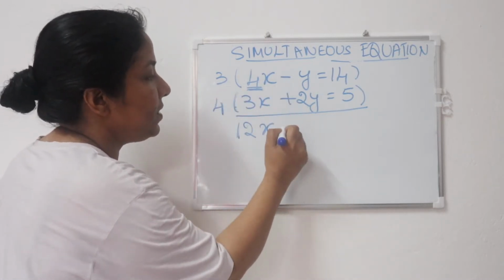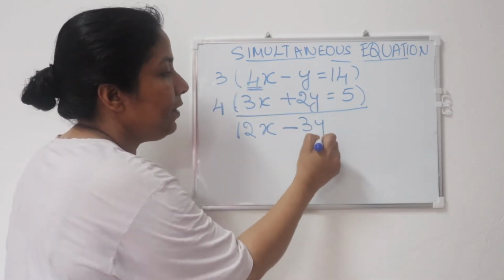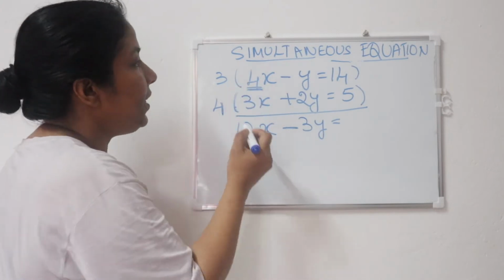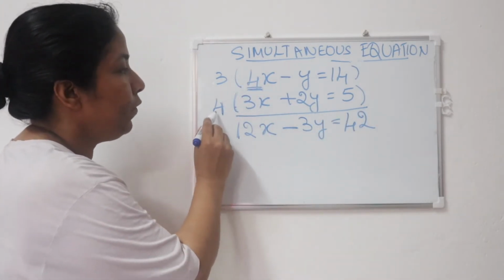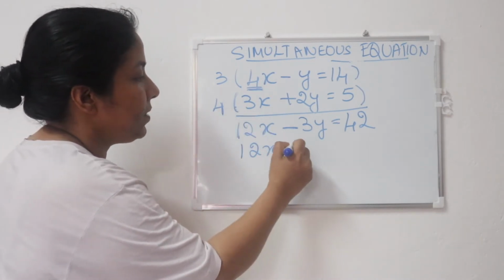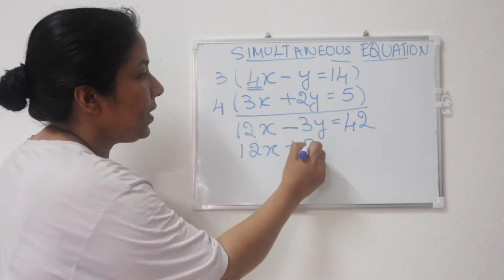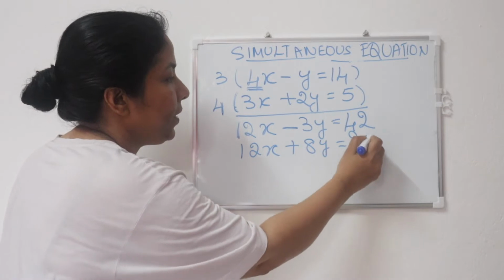And this is negative, therefore negative 3y equals 14 times 3, which is 42. Next, 4 times 3 is again 12x, plus 4 times 2 is 8y, equals 4 times 5 is 20.